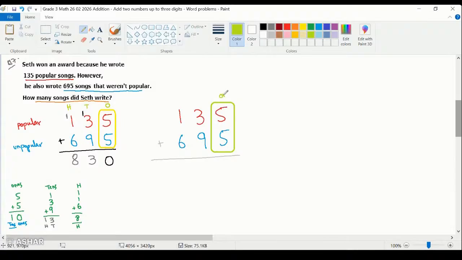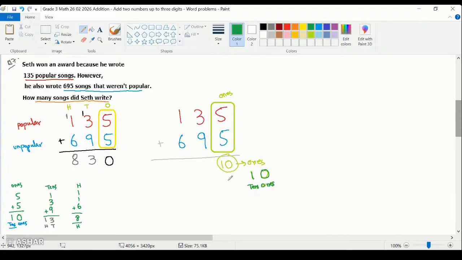We have 10 ones, right? 5 plus 5 is 10. Agreed? 10 ones can also be written as 0 ones and 1 tens.